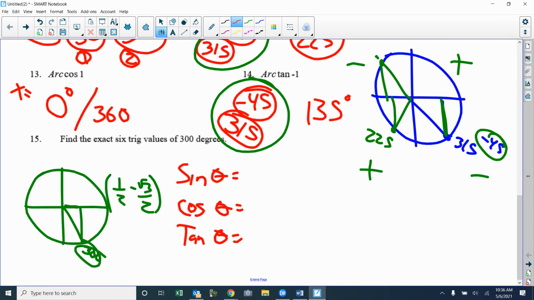Sine is your y value. What's your y value here? Negative square root of 3 over 2. Cosine is 1/2. So your tangent is going to be negative square root of 3 over 2 divided by 1/2. Invert, cancel, basically negative square root of 3.